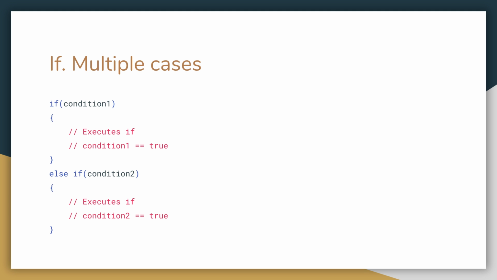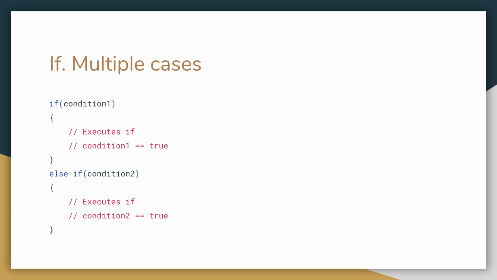Now we have another way of writing if statements, basically the same thing except multiple conditions. So multiple cases, and we stack those cases with an else statement, else if. If some condition is true, we will execute that code. Else if another condition is true, we will execute that piece of code.